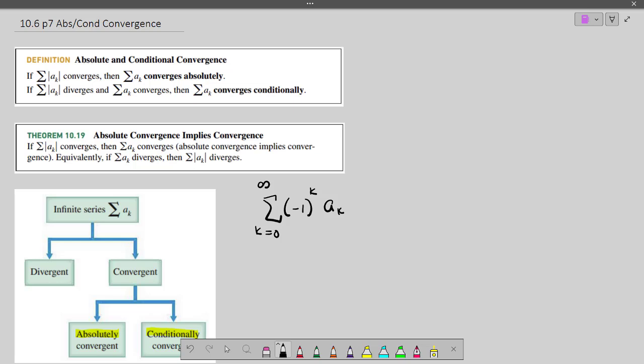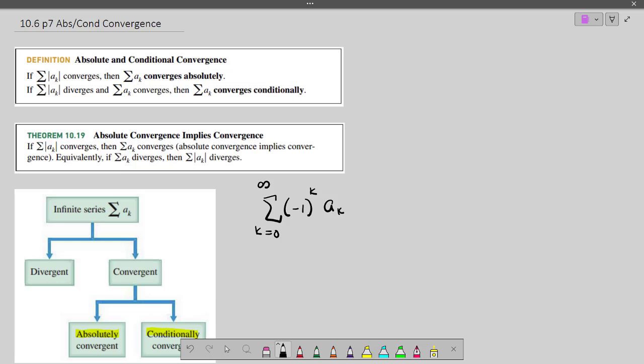Now, they're being a little bit sloppy here, because with an alternating series, we think of the a sub k as positive always. Here they're trying to be super general. They're just saying, okay, let's suppose a sub k could be positive or negative.